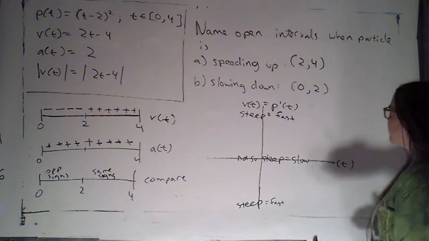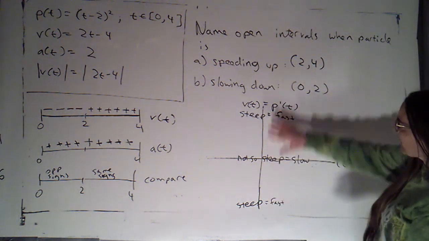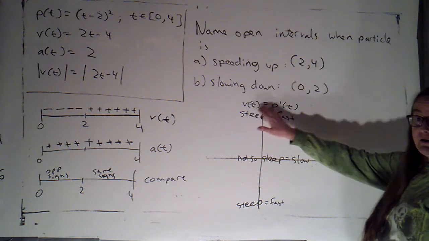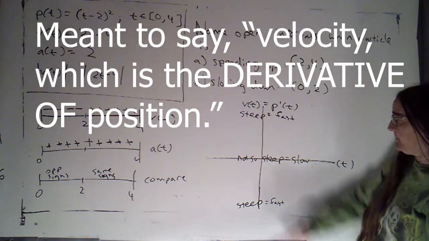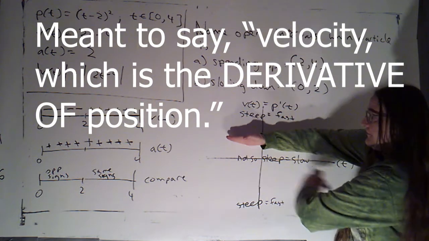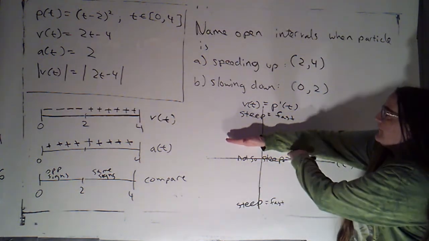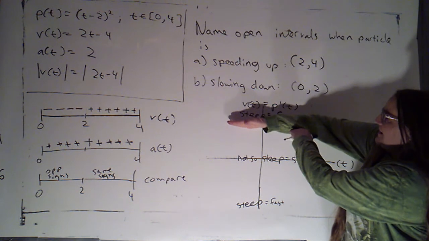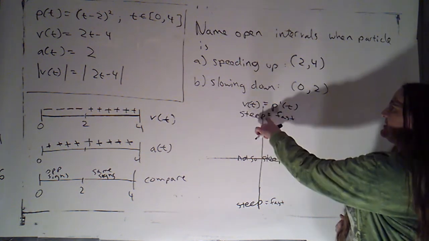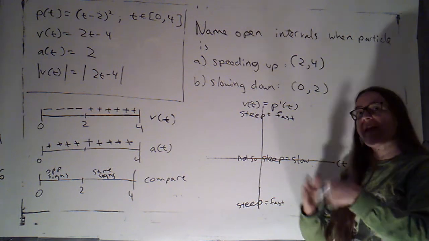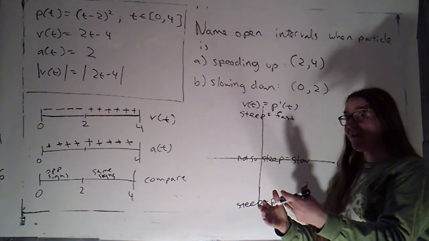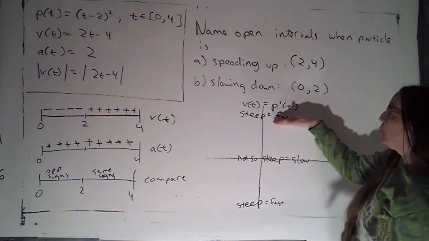Okay. So notice, if this is where I'm graphing the velocity, if velocity is positive, that would put me above the time axis. If it's also increasing, we're moving from not so steep to steep. So if velocity is positive and increasing, meaning that the acceleration is also positive, we're getting faster.